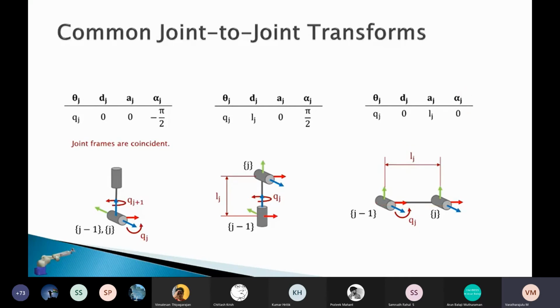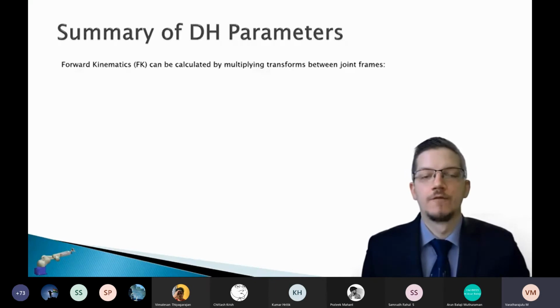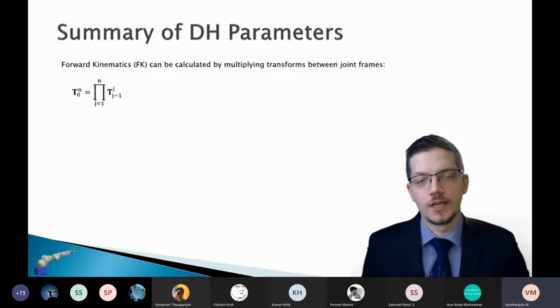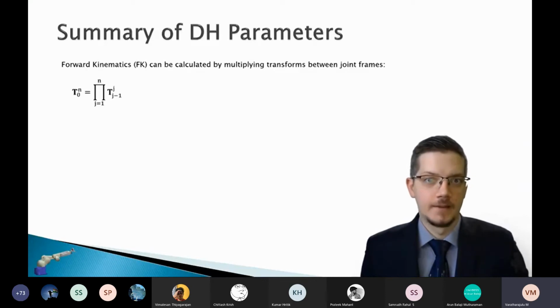Right, so let's summarize what we learned about DH parameters. The forward kinematics can be calculated by multiplying transforms between joint frames. So to get the transform from frame 0, usually the base frame, to frame n, the end effector of the robot, we just multiply all the individual transforms between joints.